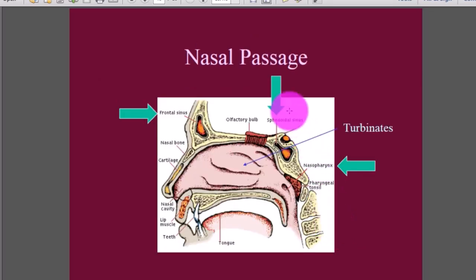Turbinate, nasal passage. Here the sagittal section of the skull. Turbinate, nasopharynx, pharynx, nasal cavity, nasal bone.